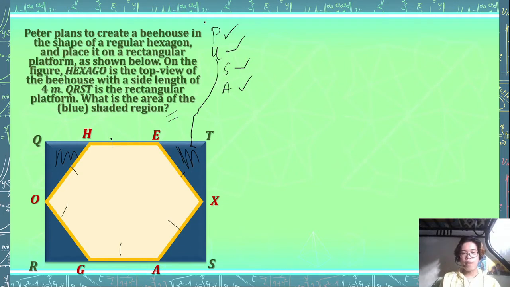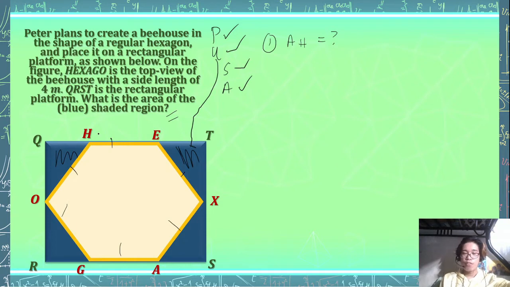For the first step, we first need to find the area of the hexagon. So how are we going to solve the hexagon? If you didn't memorize, or if the area of the hexagon wasn't given in your exam, that's okay.